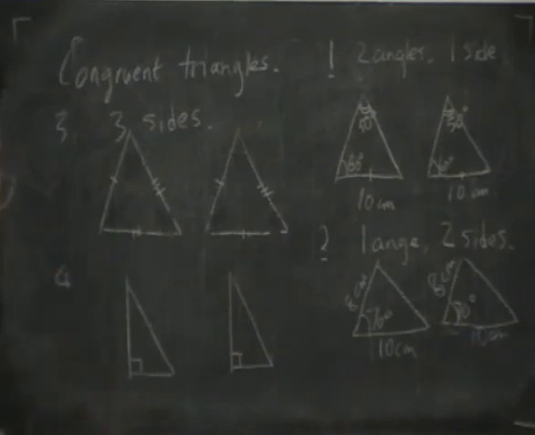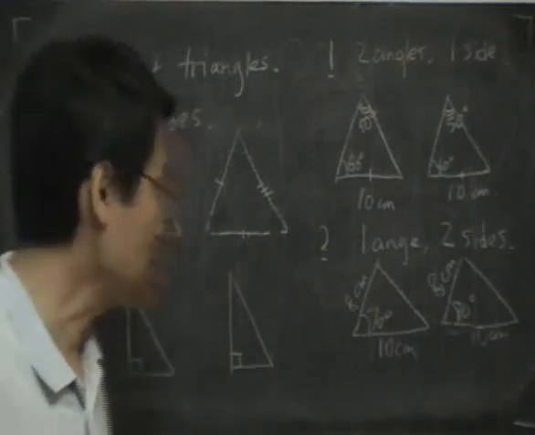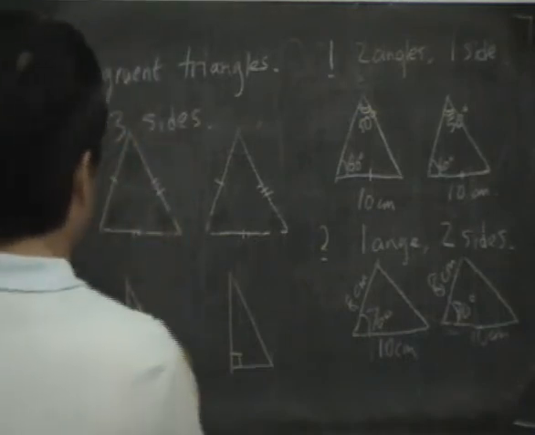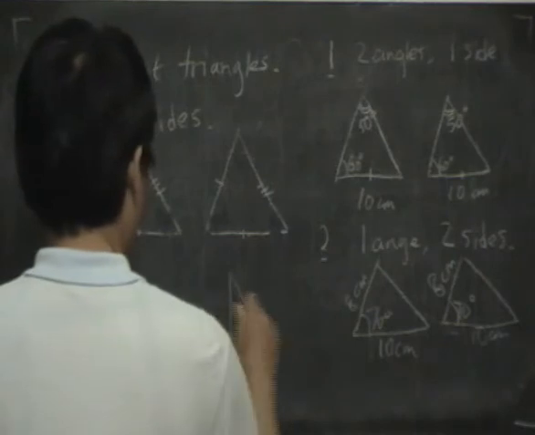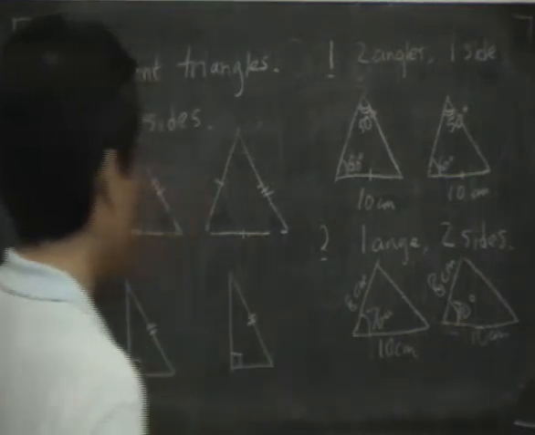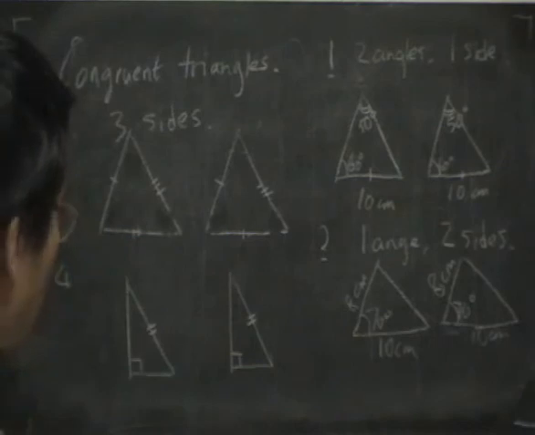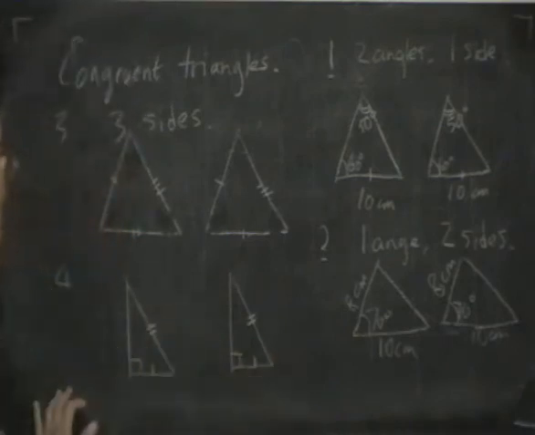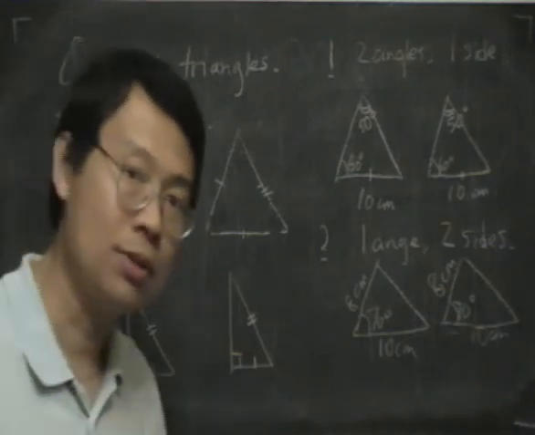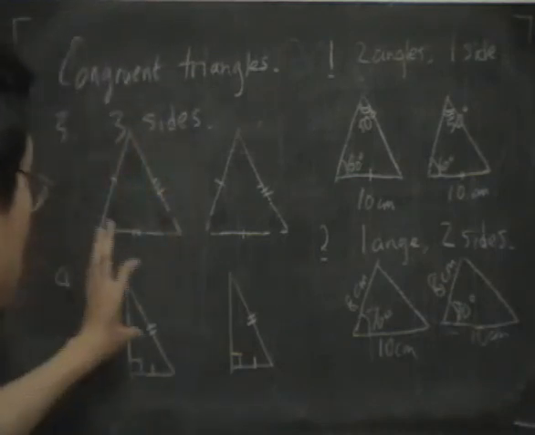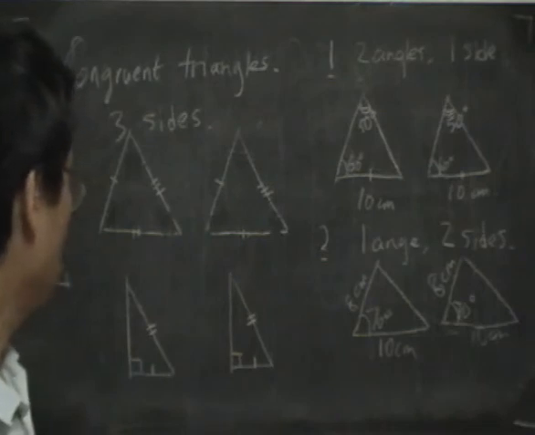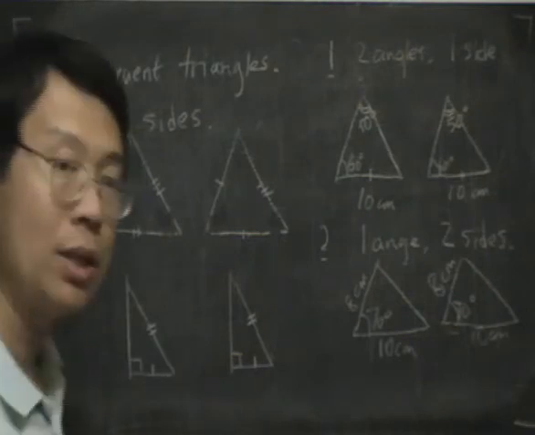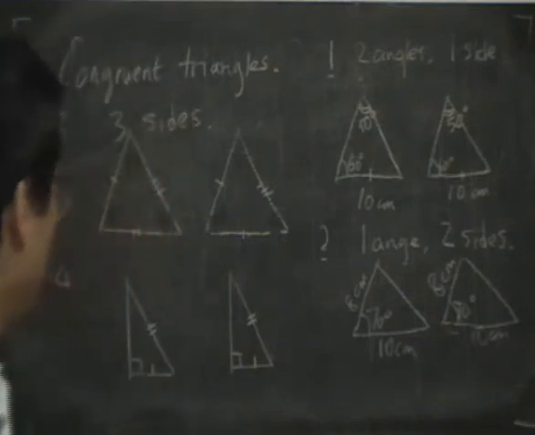In this case, you can tell whether they are congruent if you know the hypotenuse, the longer side, and if you know one of the other sides. If you know this information, then you can tell whether they are congruent.